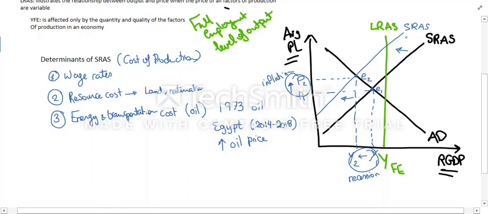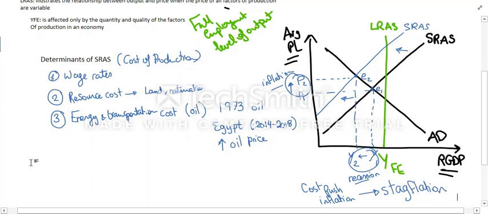And we call this a cost push because the cost of production pushes the SRAS and pushes inflation. We call this cost push inflation because it comes from an increase in the cost of production, and this causes a combination of recession and inflation, and we call this stagflation.